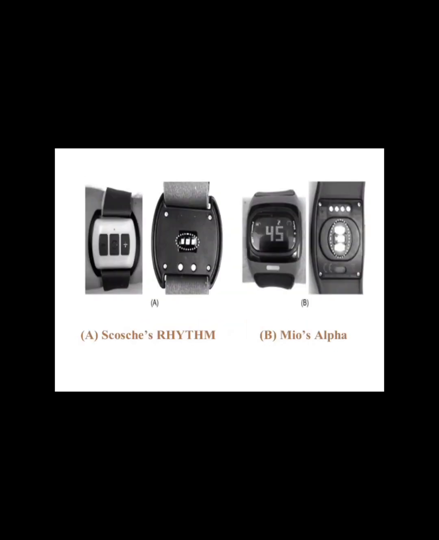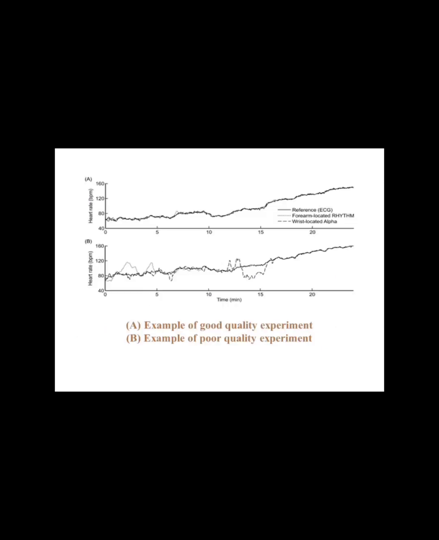So let us see the results of the good quality experiment and the poor quality experiment. A is a good quality experiment result. You can see the reference of the ECG. ECG is used for heart rate.